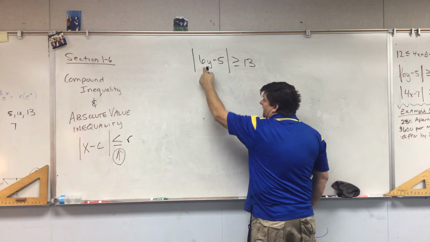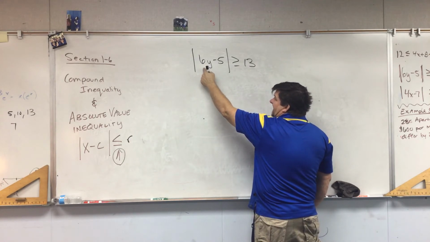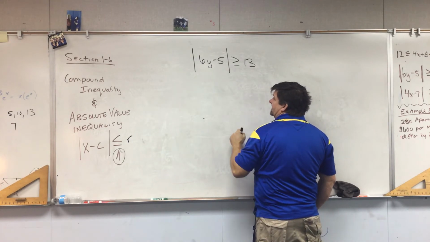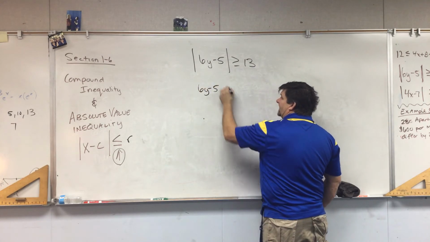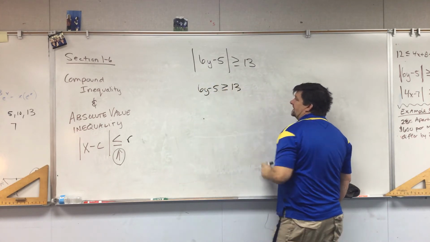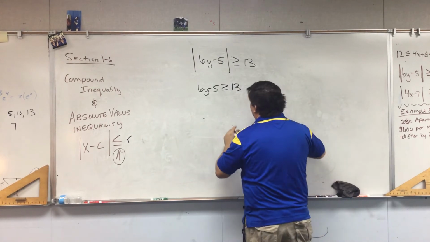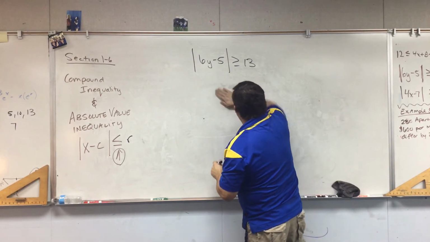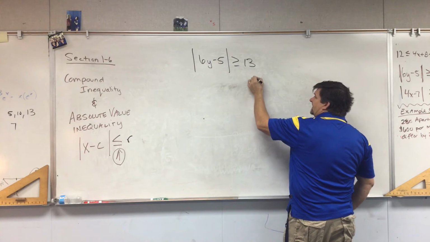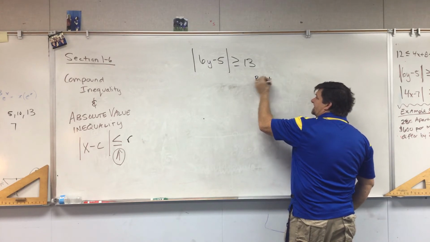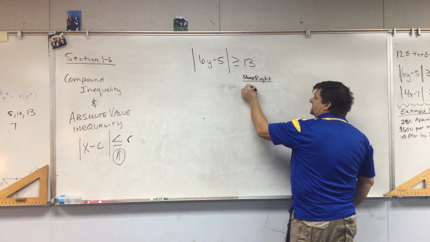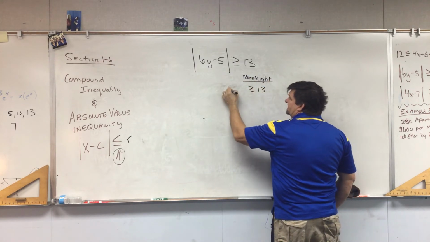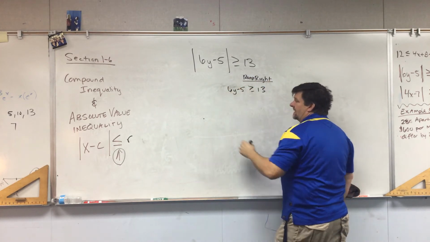All right, so if I put this piece here, I get 6y minus 5 is greater than 13. Actually, you know what? I'm going to move that over here. That's my range to the right. So 13, 6y minus 5.